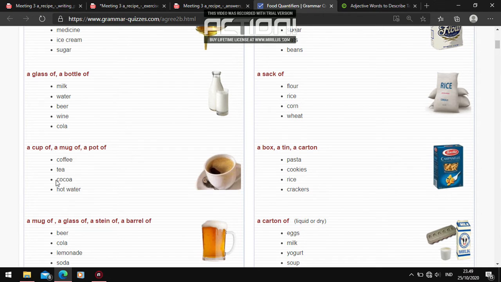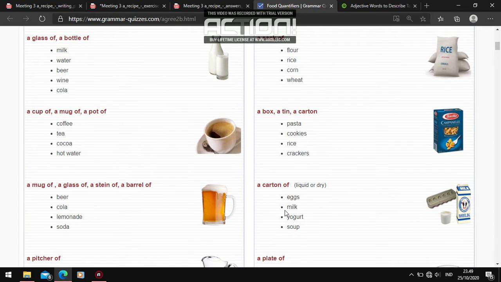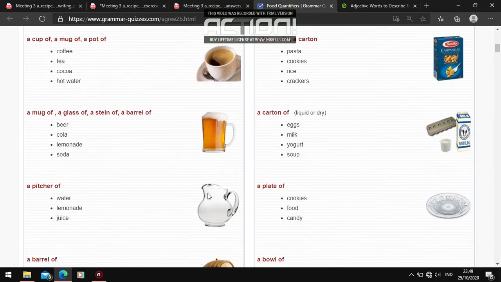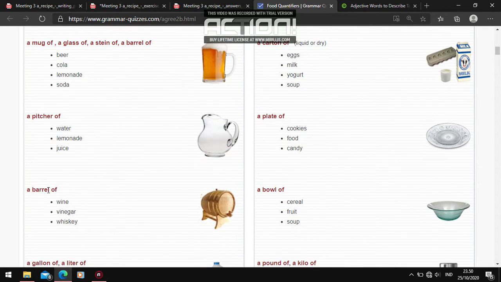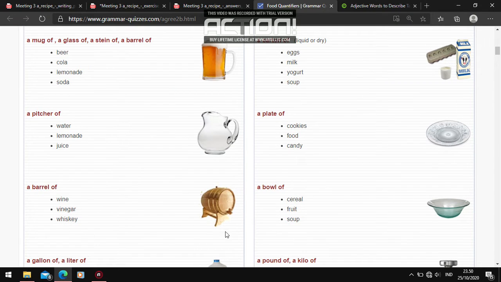What is cocoa? Chocolate powder. And then hot water. And this one is called a pitcher, one pitcher: a pitcher of water, lemonade, or juice. And you have a barrel of, one gallon.